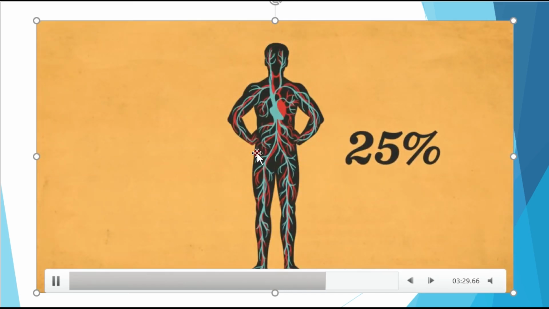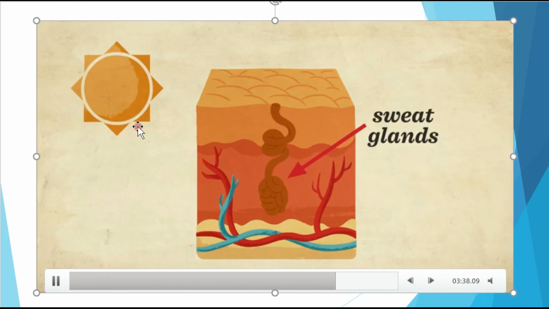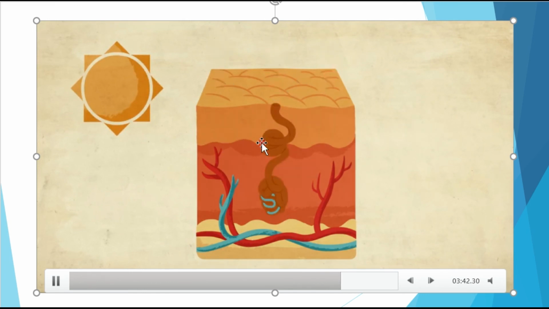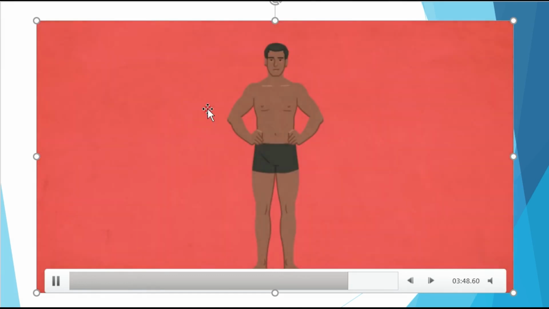Now what happens, the sweat glands also produce more sweat during heat. So more heat is radiated out. Alright, understood?